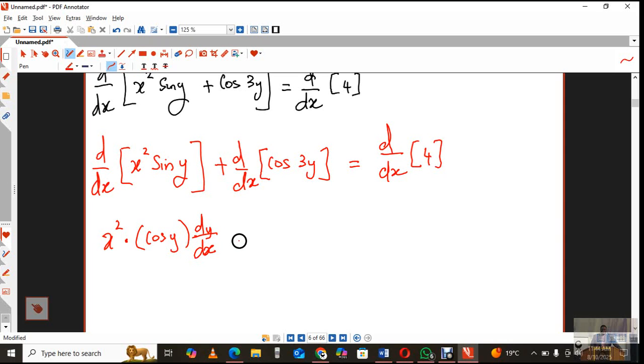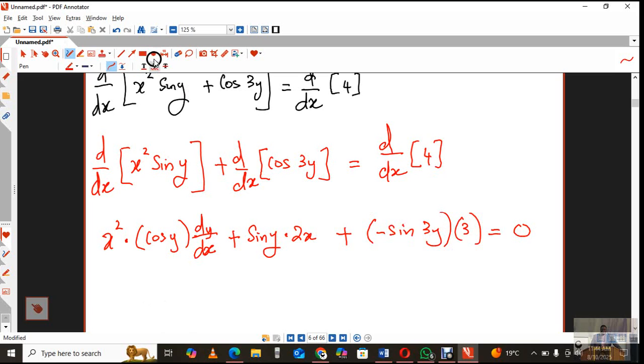Then plus the second, which is sine y, times the derivative of the first, which is just 2x. Plus now we have the derivative of cos, which is minus sine 3y times the derivative of the inside, which is 3, and is equal to 0.